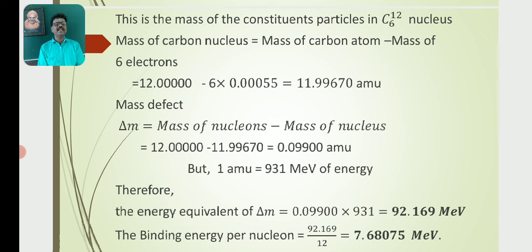Therefore, the energy equivalent of delta M, that means the mass defect, is equal to 0.09900 into 931, which is equal to 92.169 mega electron volts, where mega electron volt is the unit of energy in nuclear physics.